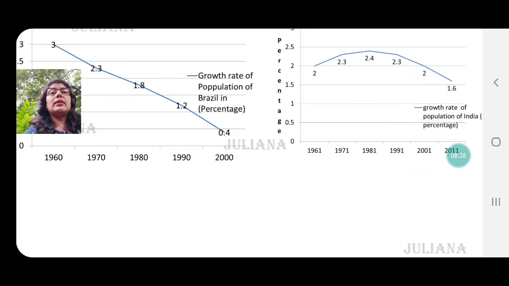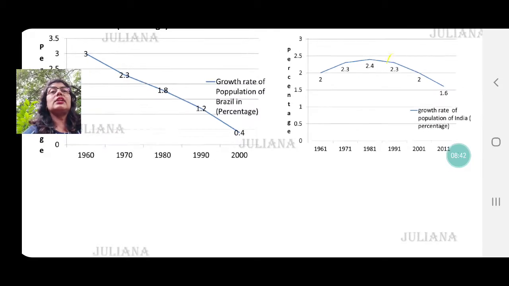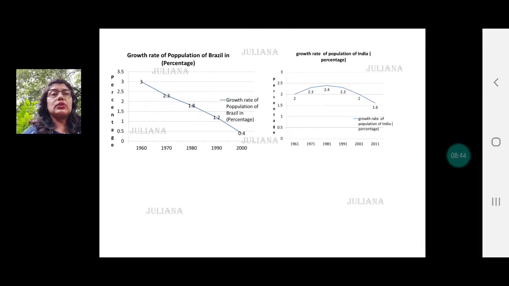So Brazil shows a sharp decline. India shows a growth rate increasing up till 1981. In 1981, it sort of started remaining static. But after 1991, it has shown a substantial decrease in the growth rate.